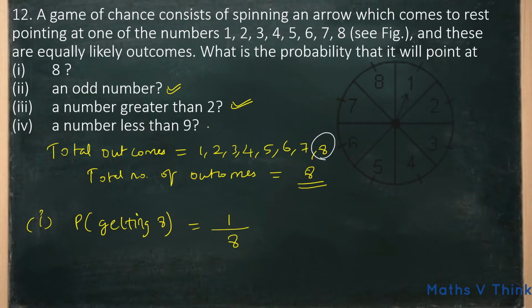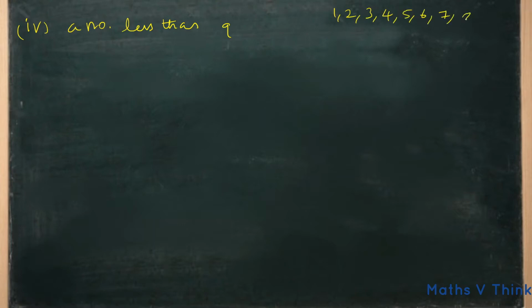Now fourth one is a number less than 9. So our total outcomes are 1, 2, 3, 4, 5, 6, 7, 8. So a number less than 9. So our favorable outcomes are 1, 2, 3, 4, 5, 6, 7, 8.